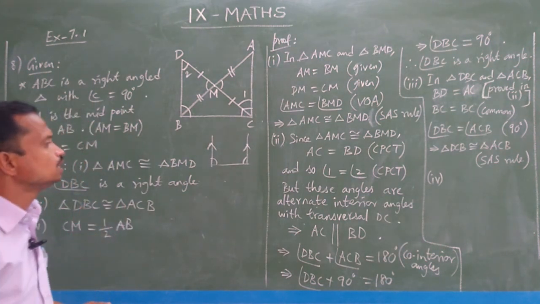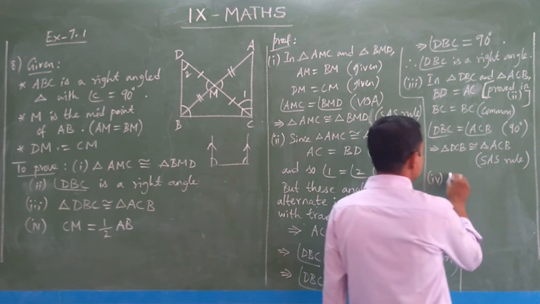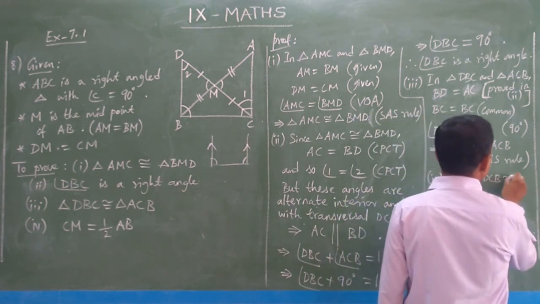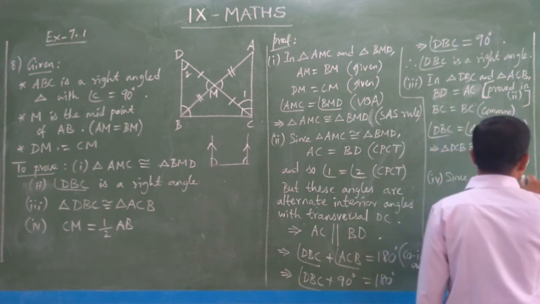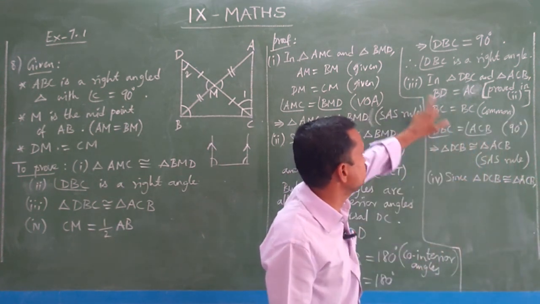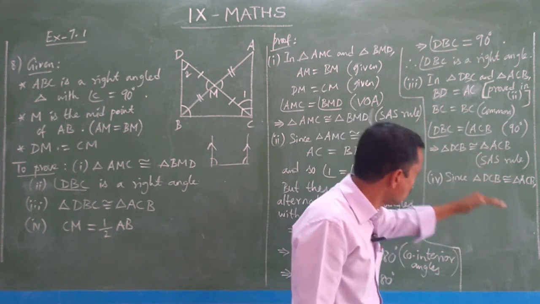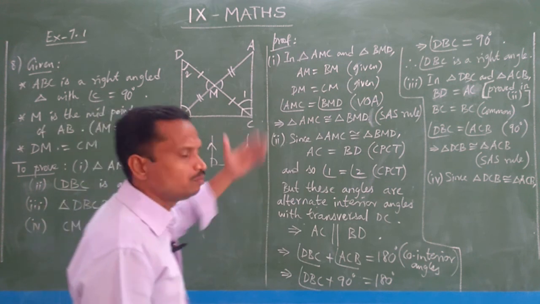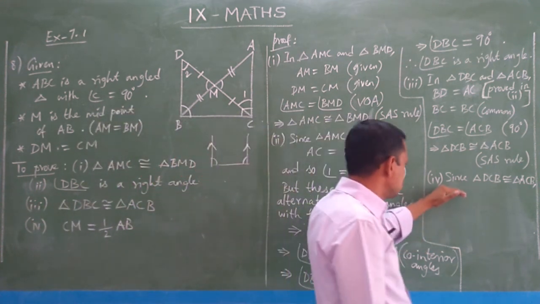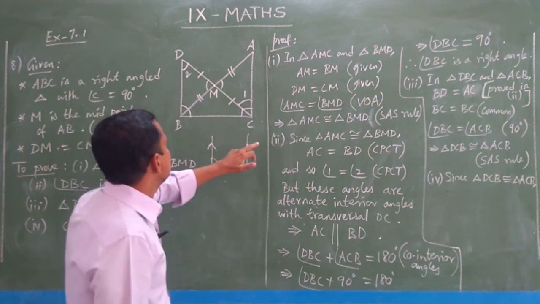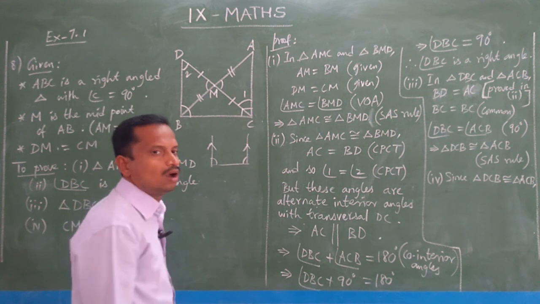For that, we have to take, since triangle DCB is congruent to triangle ACB. In option 3 we have proved these two triangles are congruent, so we use that in the fourth option. One by one we are using the previous proof. So in option 4, since these two triangles are congruent, DC and AB are equal.